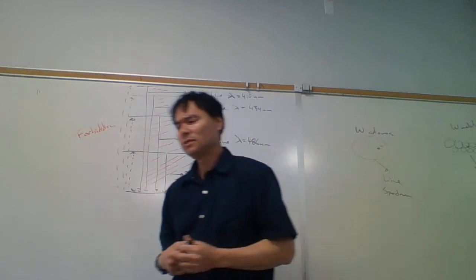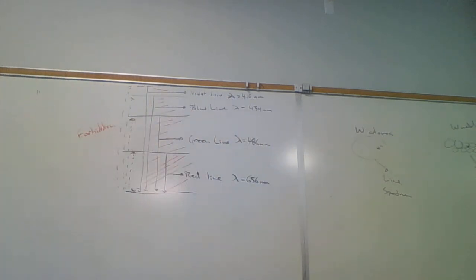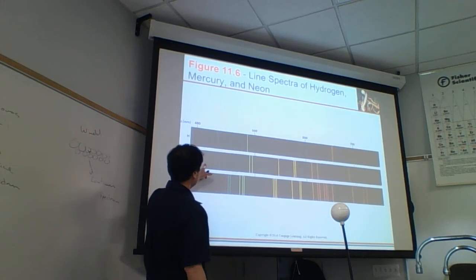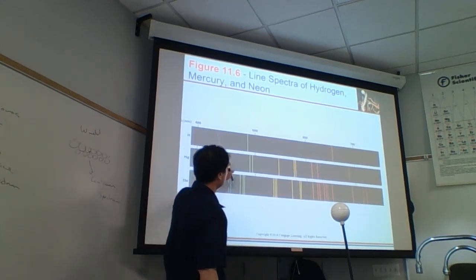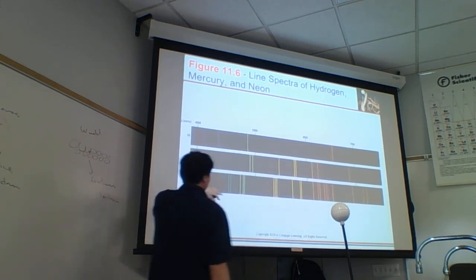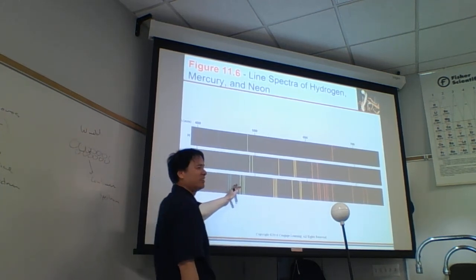So it has to do with electrons being confined to an atom that makes them behave this way. Right? And so we could see the same thing here. If we try to make a mercury light bulb, we see lines like this, discrete lines. So there are a whole bunch of forbidden energies and allowed energies, more allowed energies here. If we look at neon, this is the pattern that we see.